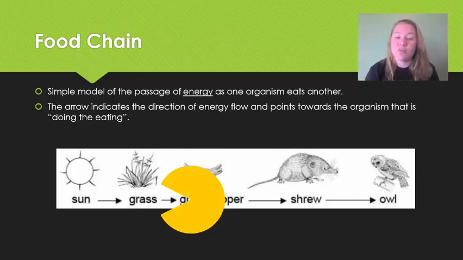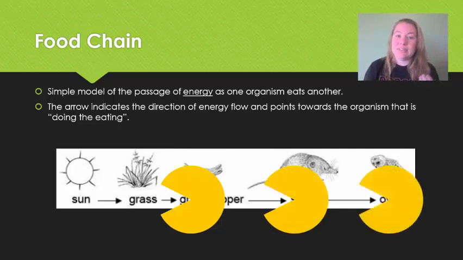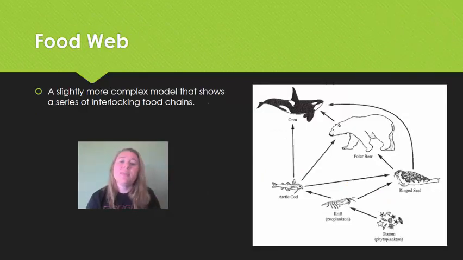So in this instance, the grasshopper is eating the grass. The shrew is eating the grasshopper, and the owl is eating the shrew. So the little Pacman should line up with the arrows, and then you know that you have arrows drawn in the correct direction. A food web is just a slightly more complex model showing interconnected or interlocking food chains.